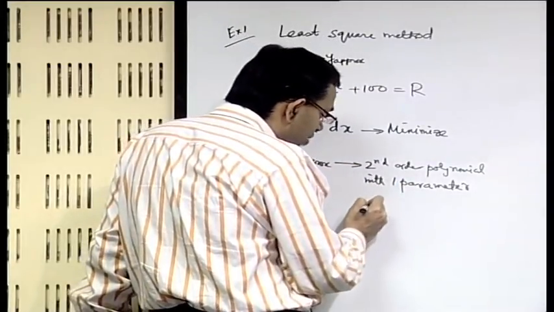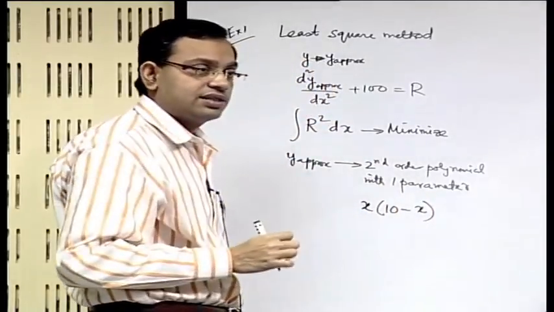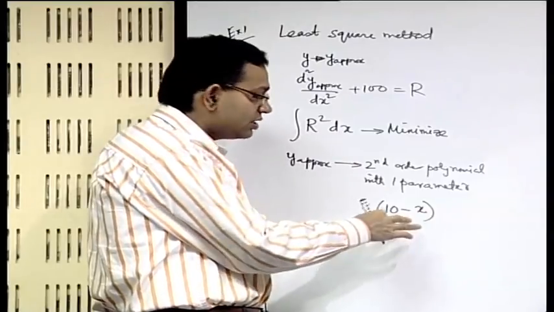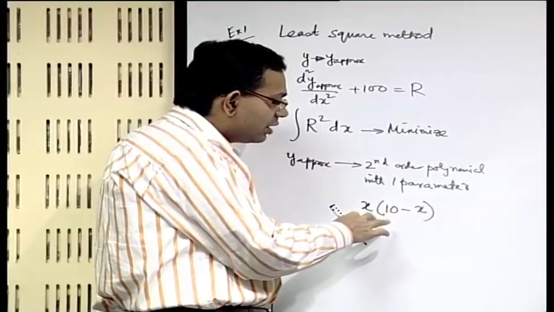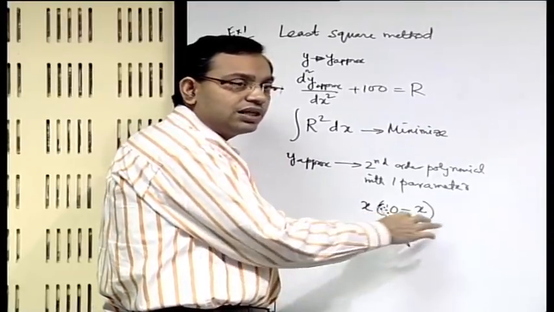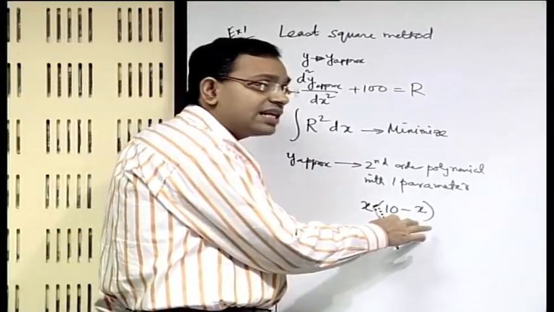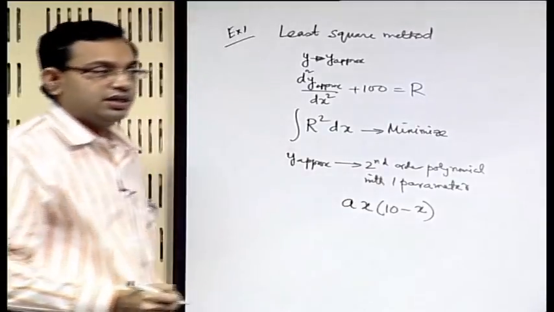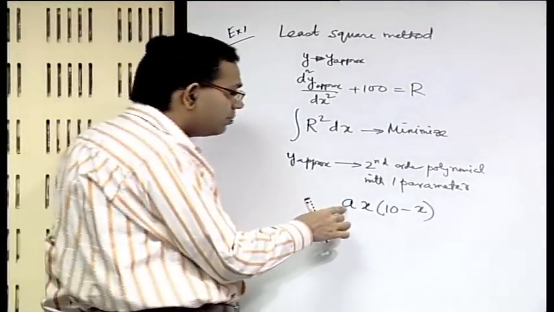So, a general form of the polynomial can be x into 10 minus x, because this is a second order one. You have constructed it by deliberately choosing the product of two first order functions, so that it is a second order function. Now, it satisfies the essential boundary condition, and you consider a parameter a, which is a single multiplying parameter.